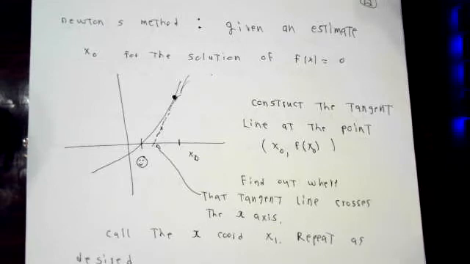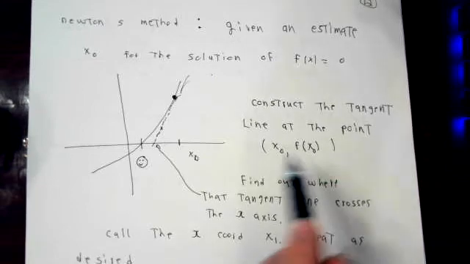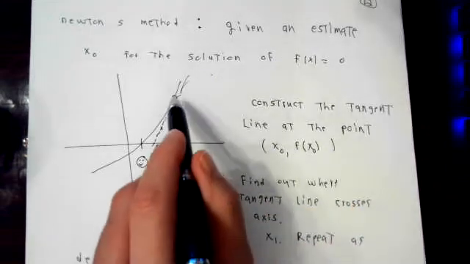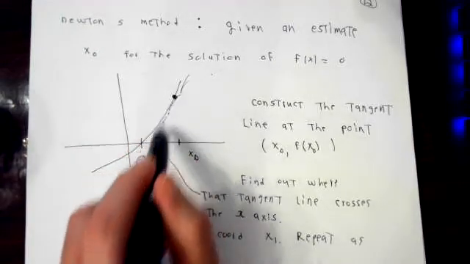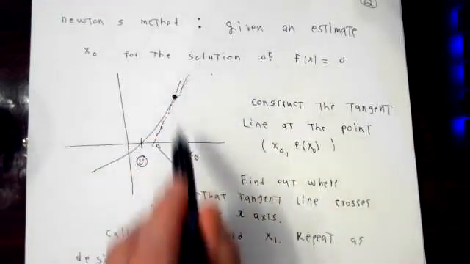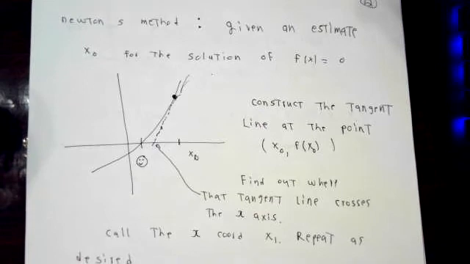So if I know this initial x value, then I know the coordinates of a point on the graph. We're going to approximate the graph with its tangent line at the point that we know about. So I'm going to construct the tangent line at the point that we know about.